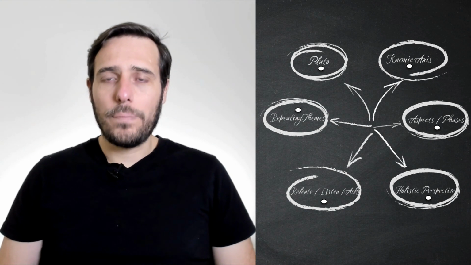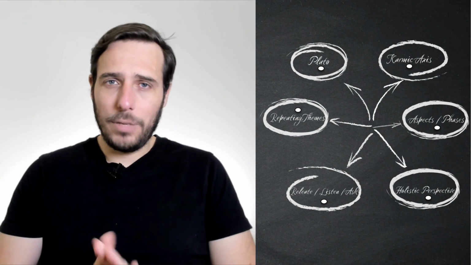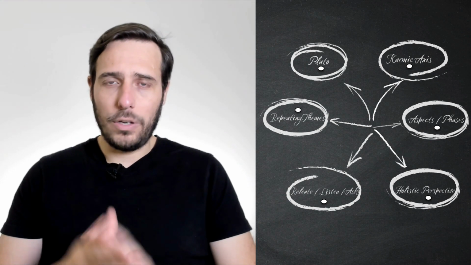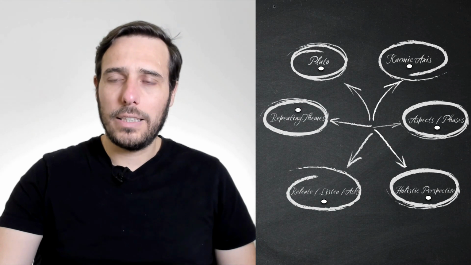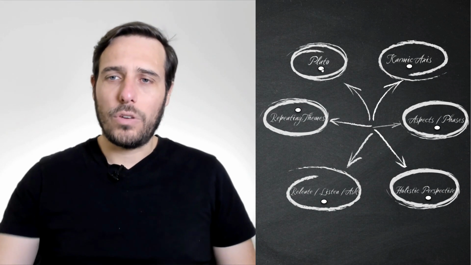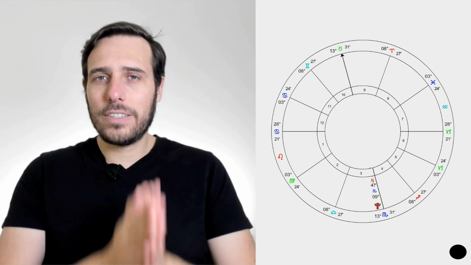All right, so the first thing that I'm going to do when I look at a chart is I'm going to go straight to Pluto, okay? And I'll show you over here just by clicking this over here. So if I click on Pluto, Pluto in the chart is a very important piece, if not one of the most important pieces, simply because it reflects the core of the chart, okay?